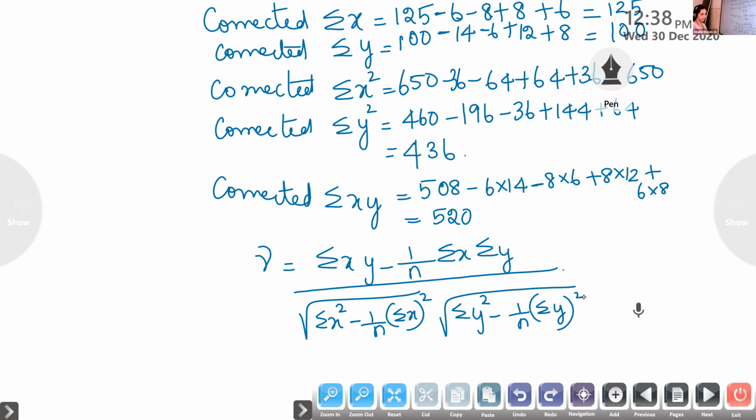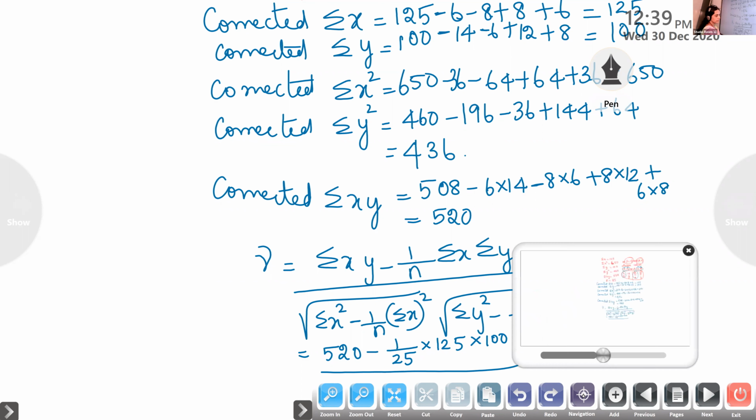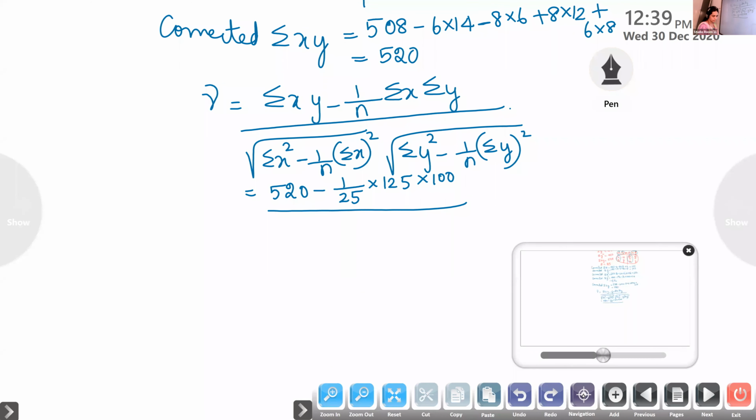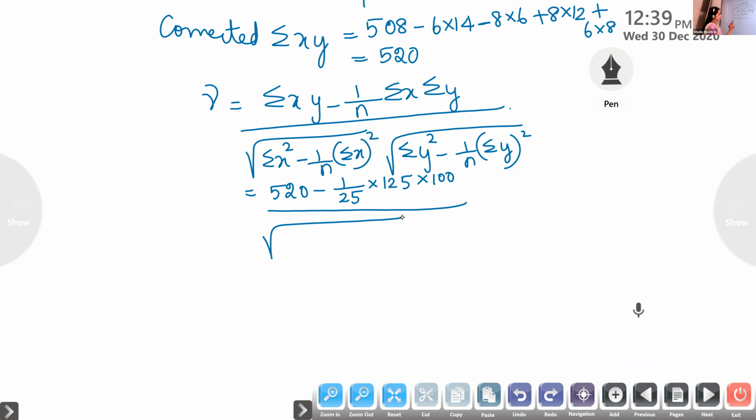Corrected sigma xy, which is 520 minus 1 by 25 into 125 into 100, by root of 650 minus 125 into 125 the whole square, into root of sigma y square.